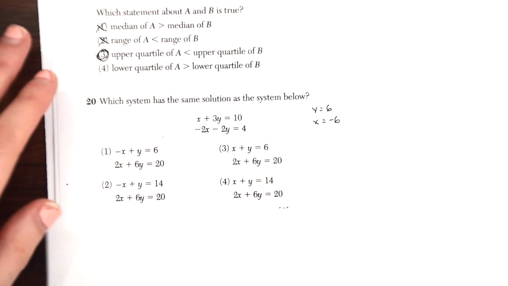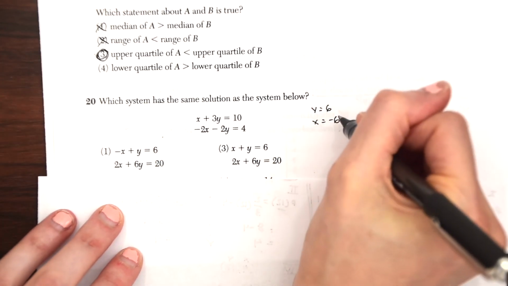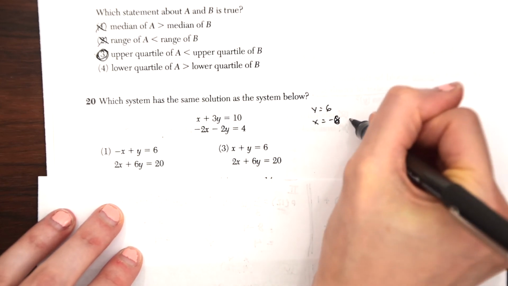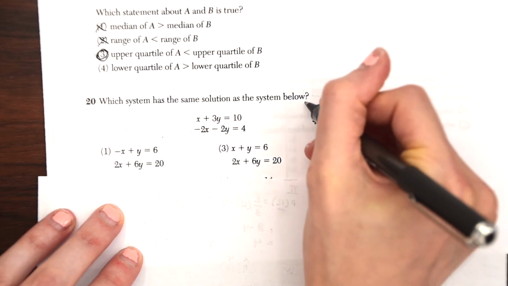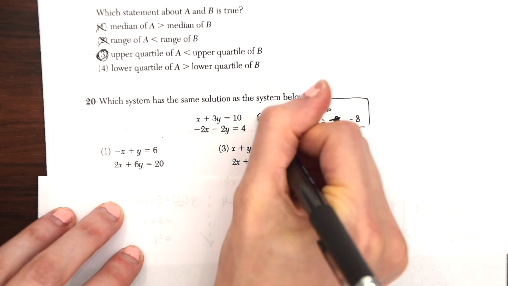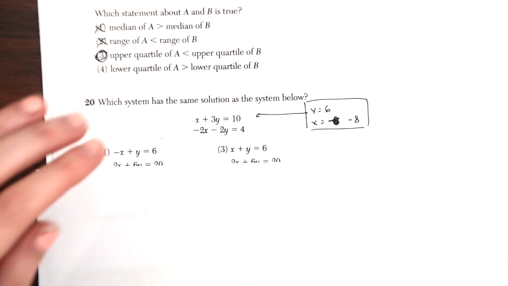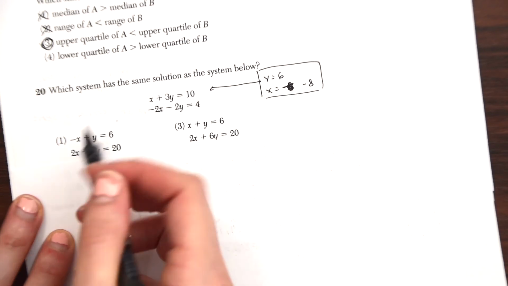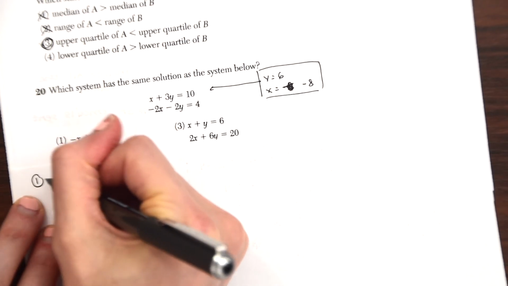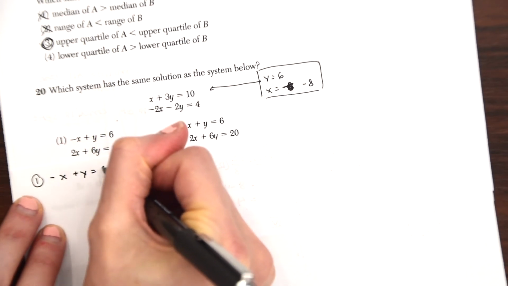Now that we know the solutions for this system, we can look for that as we move forward. So let's take this first answer choice here and see what we get.